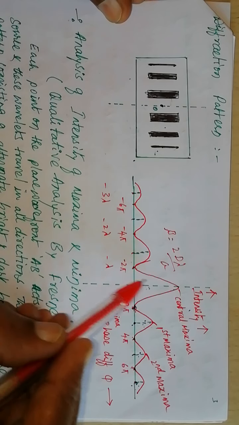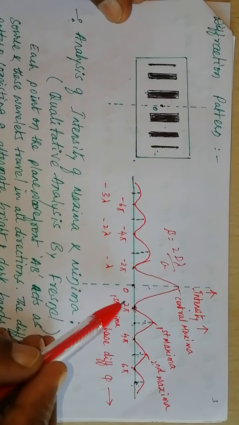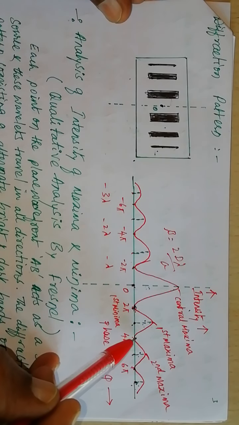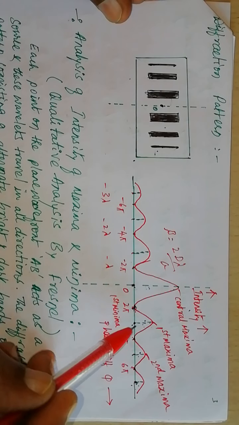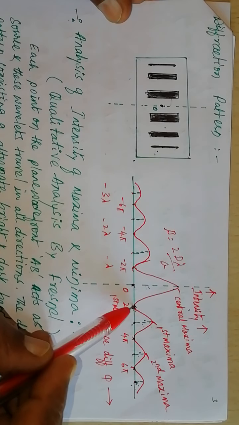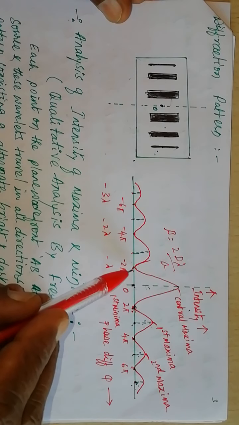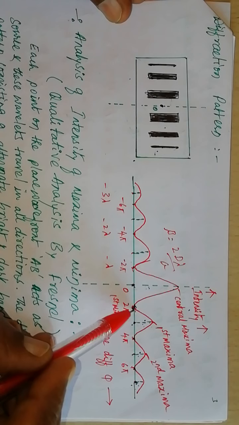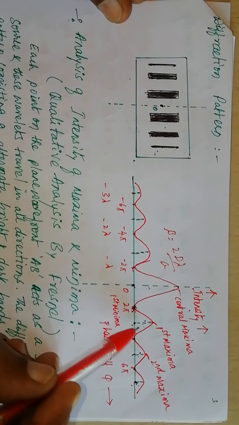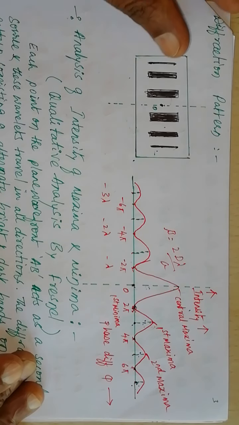The linear width of the central maximum is 2 times the width of a first secondary maxima. If this width is 6 millimeter, this width will be 3 millimeter. The width of the central maxima is double the width of the first secondary maxima.